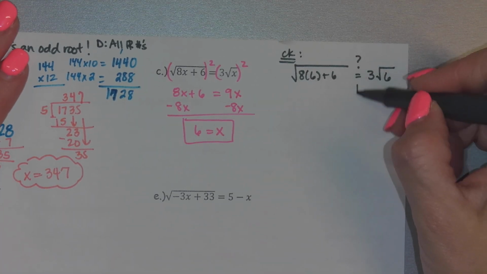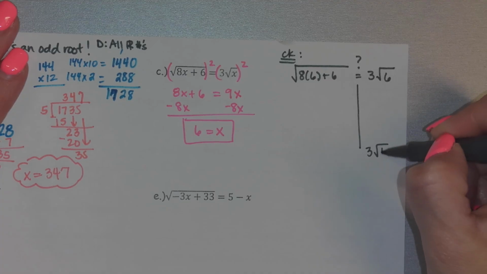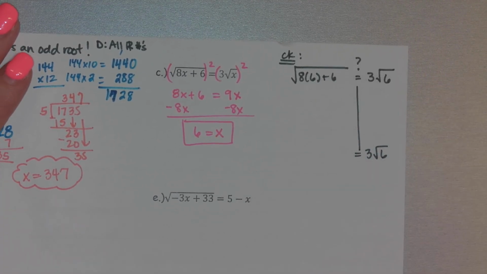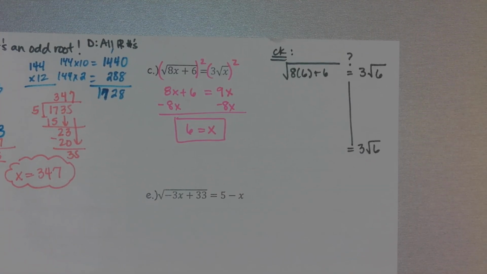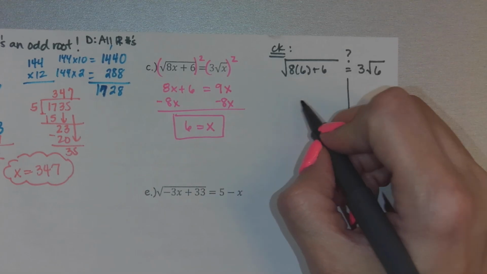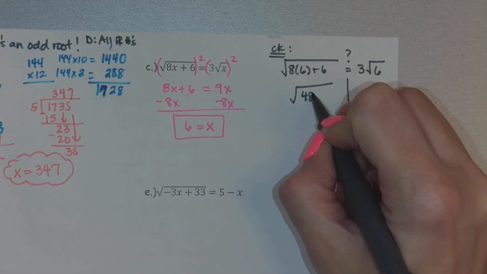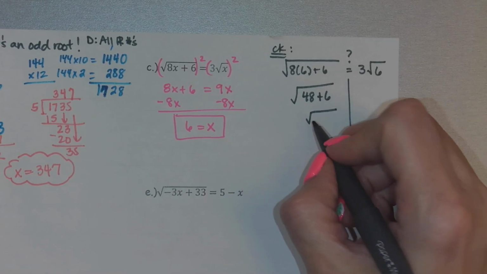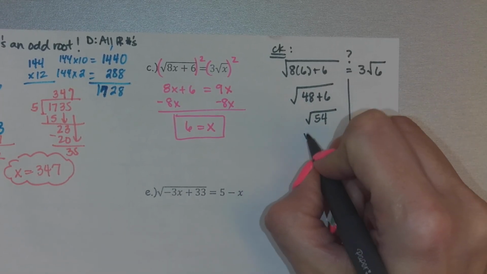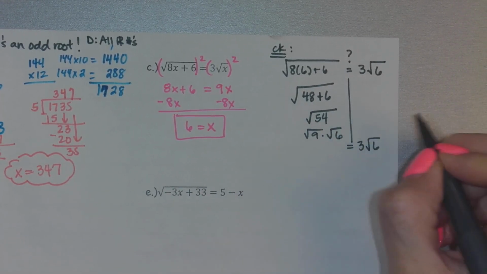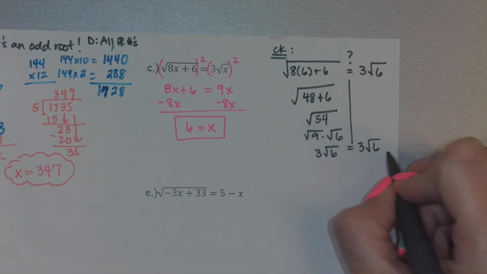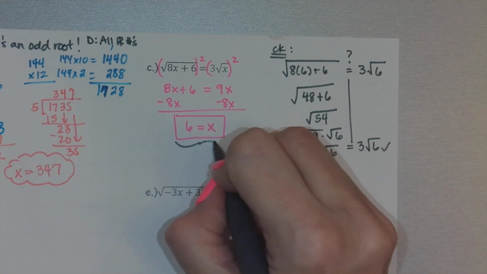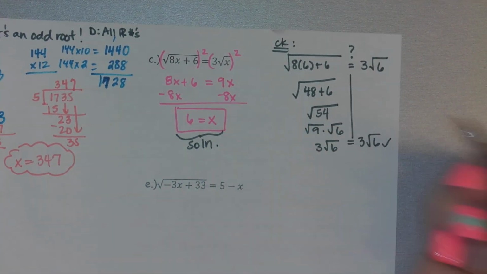Okay, so basically what you want to do is you want to see if we can get this side to equal 3 root 6. Okay, so underneath we have 48 plus 6, which is going to be the square root of 54. Okay, that is the square root of 9 times the square root of 6, which is 3 root 6. Okay, so that means this is your solution.